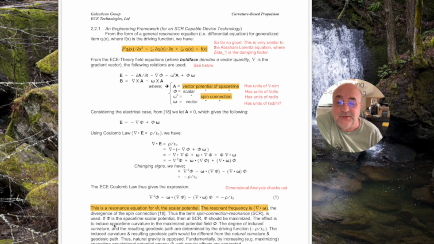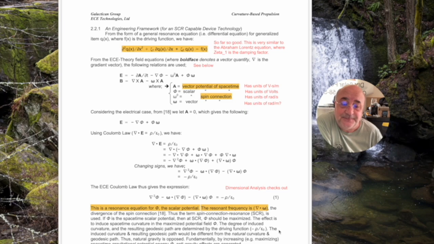The effect is to induce space-time curvature in the maximized potential field phi. The degree of induced curvature and the resulting geodesic path are determined by the driving function, which is just the scalar charge density divided by epsilon naught, which is essentially volts per square meter.